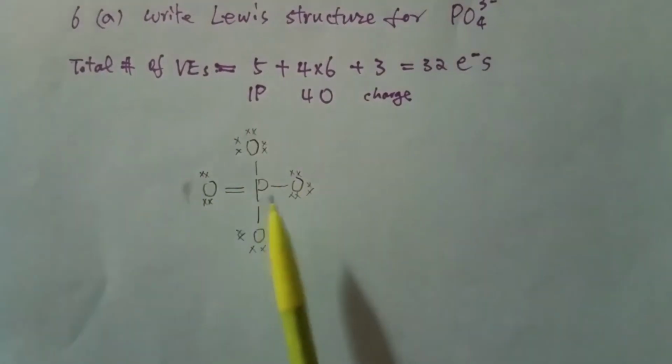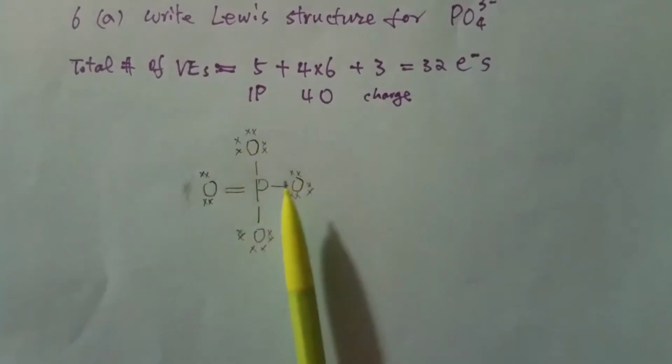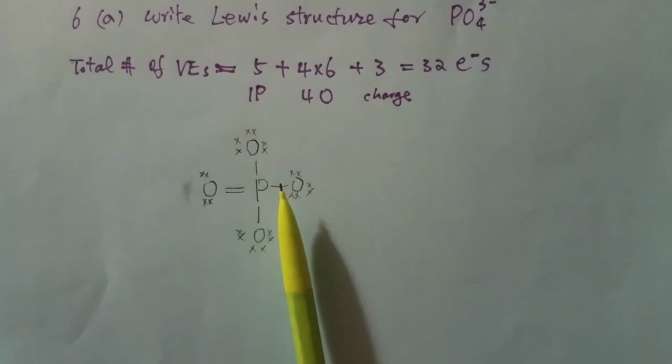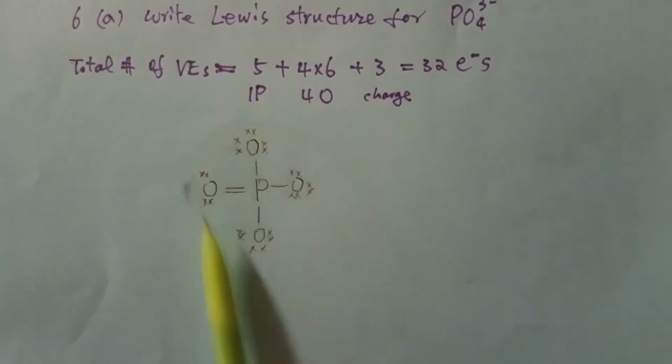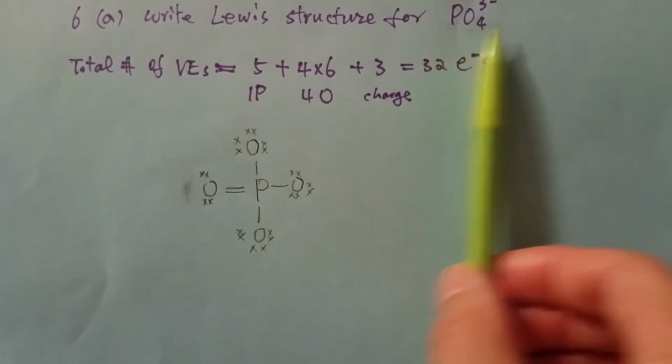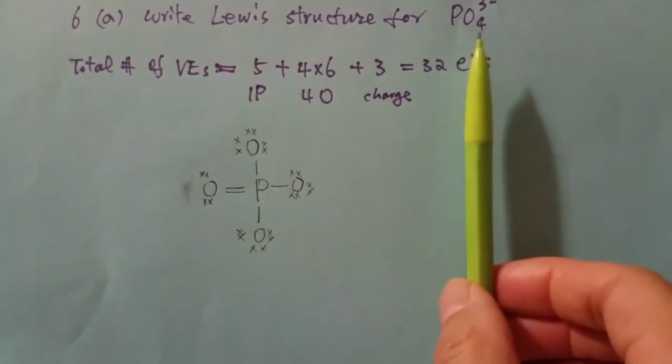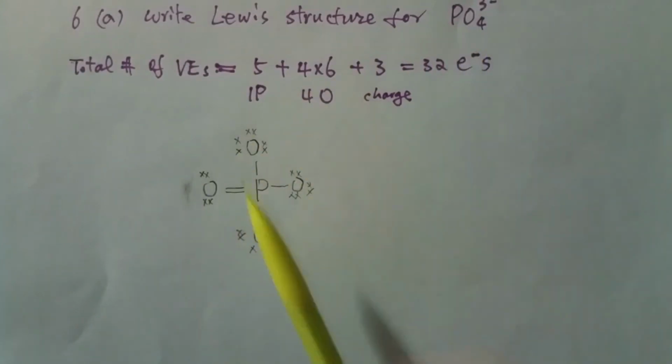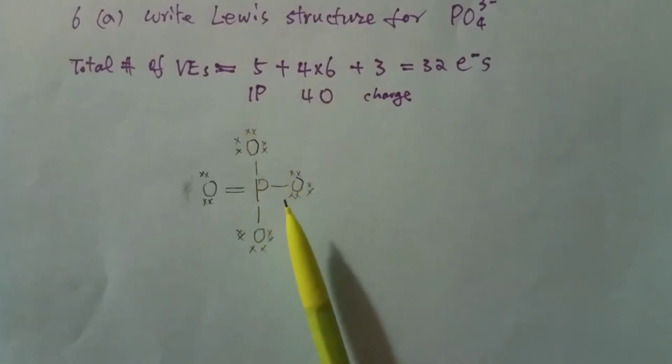The question can be answered by applying formal charges. We are going to talk about formal charges in the next lecture. You can calculate the formal charge for each atom in a molecule, or in this case a polyatomic ion. According to the formal charge values, we can determine which structure is more stable.